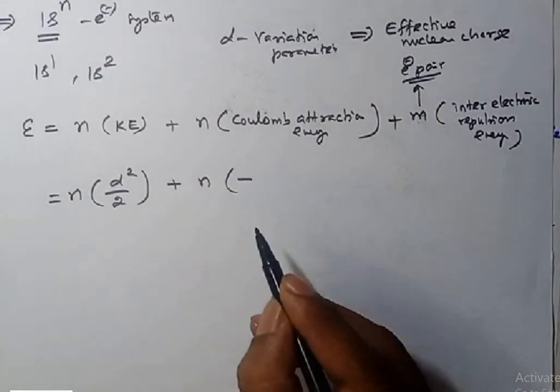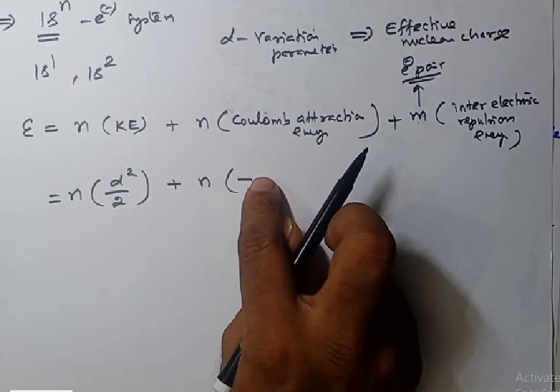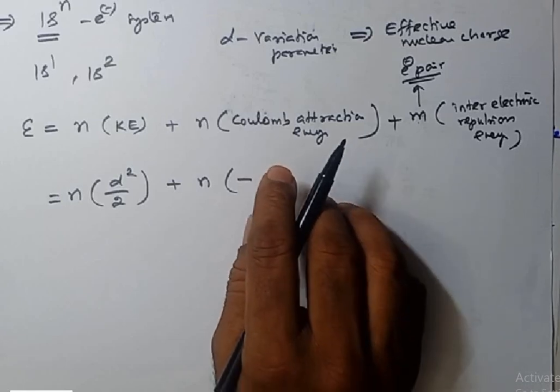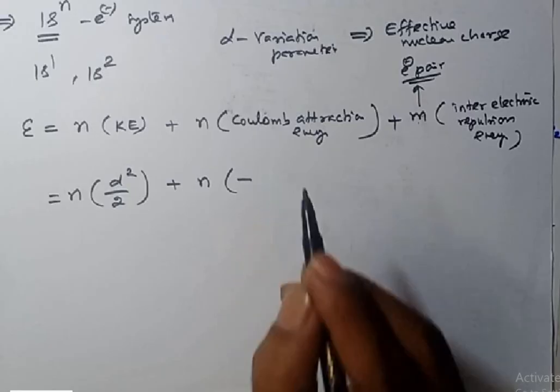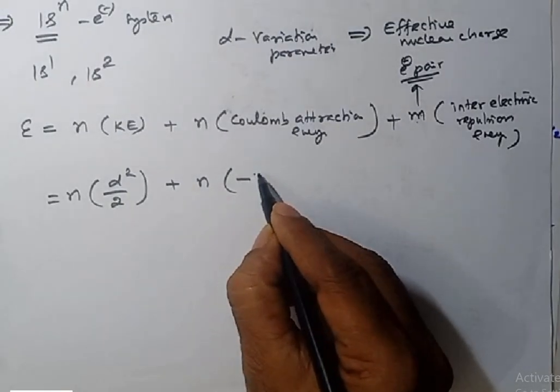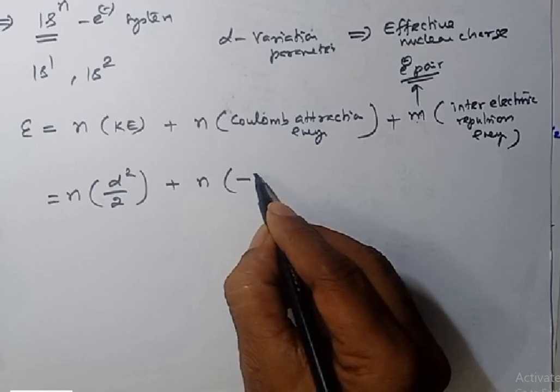but minus the number of protons into alpha. Listen, minus the number of protons into the Coulombic attraction term, that is, minus the number of protons into alpha.